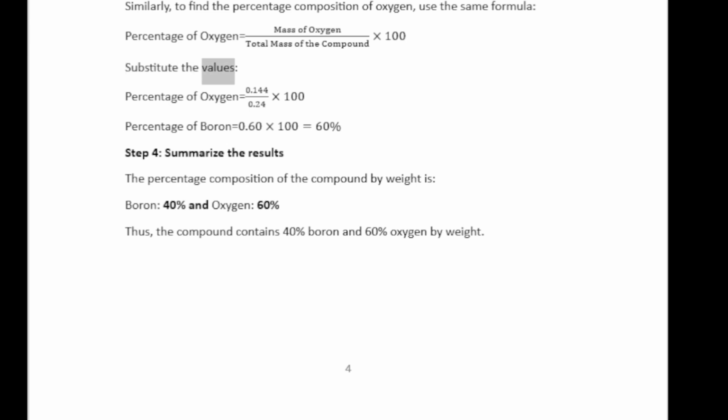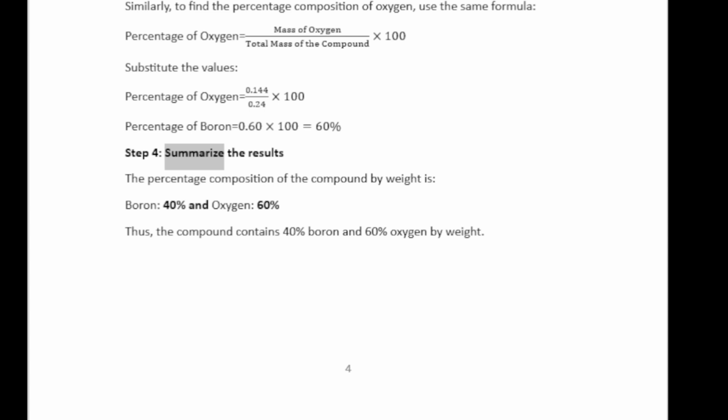Substitute the values. Percentage of oxygen is equal to 0.144 over 0.24 times 100. Percentage of oxygen is equal to 0.60 times 100 equals 60%.